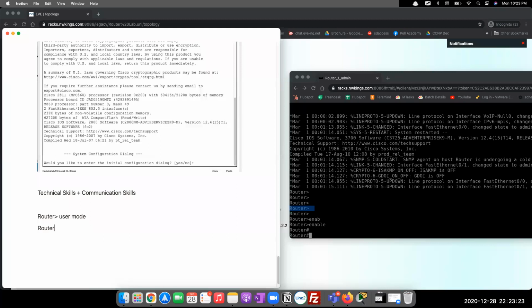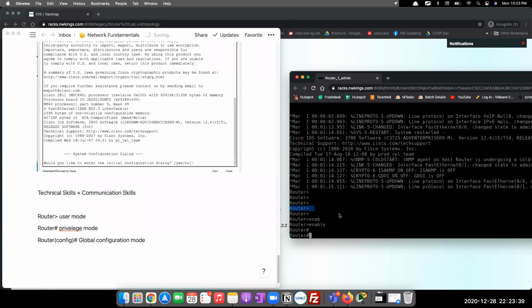And when you see this prompt, this is privilege mode. And when you see a bracket on top of this router, we call this global configuration mode. Okay, clear?